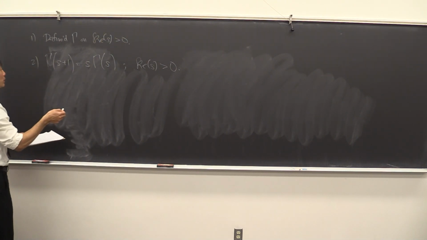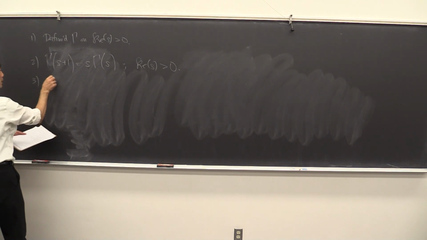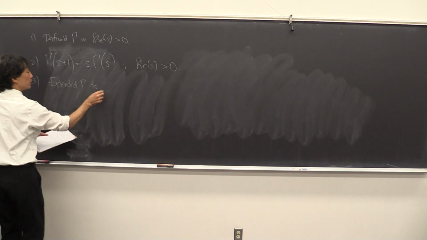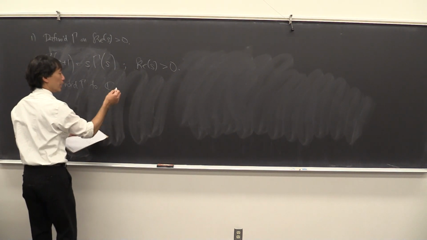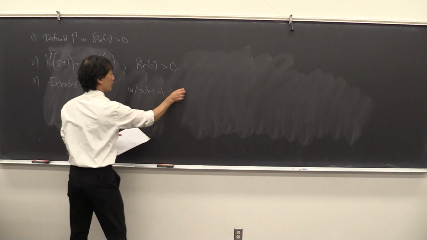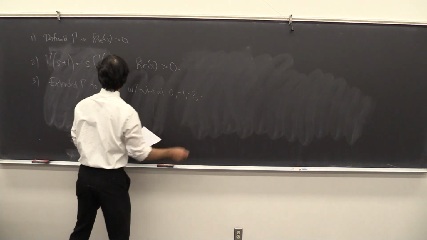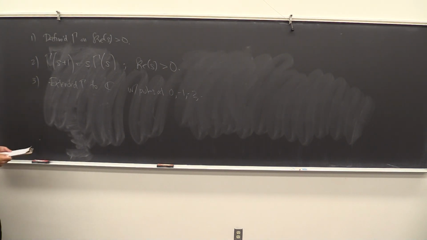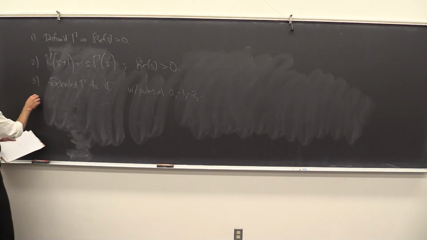We got this functional equation. We extended gamma to the entire plane, and it has poles at 0, -1, -2, etc. Right? Okay.